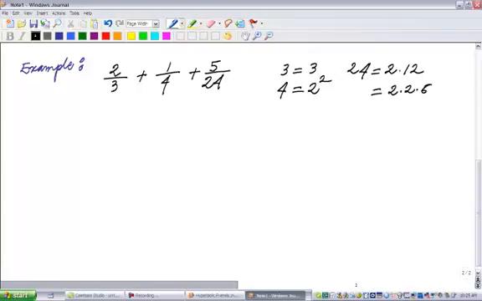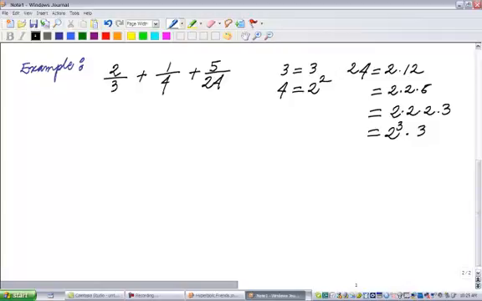Furthermore, this is 2 times 2 times 2 times 3. So this is basically 2 cubed multiplied with 3, right? 2 cubed is 8. So what are the primes that appear in these factorizations? 2 and 3 only, right? There are only 2 primes. I take the highest power of each one.